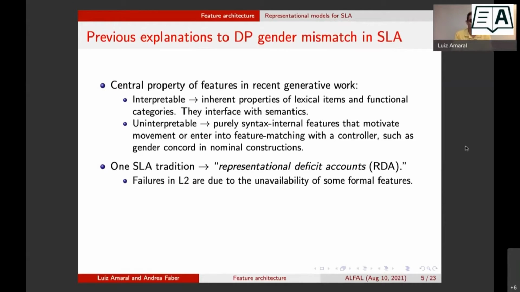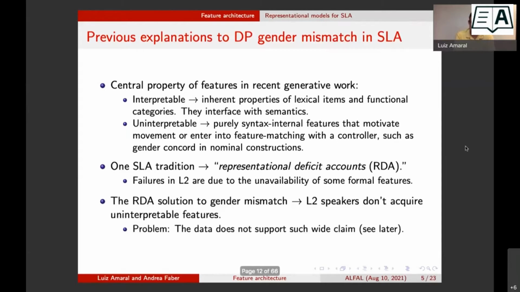So one of the explanations, which is based on representational deficit accounts, says that the failures in L2 are due to unavailability of some of the formal features. So one of the solutions to gender mismatch then becomes that L2 speakers don't acquire uninterpretable features, period, right?